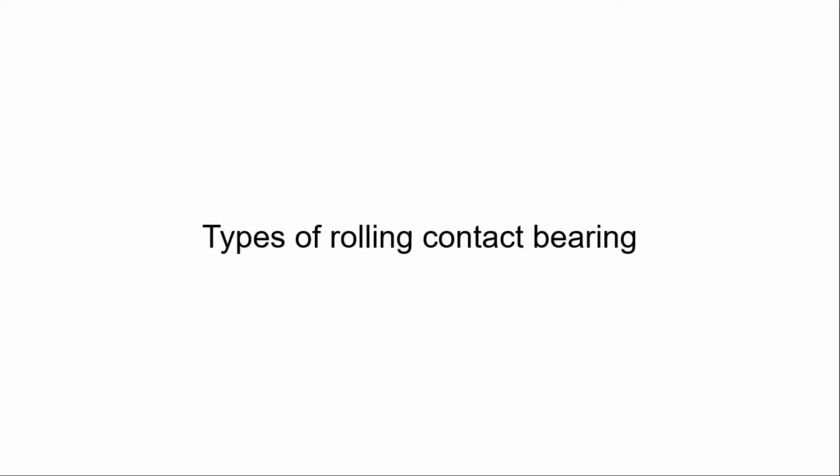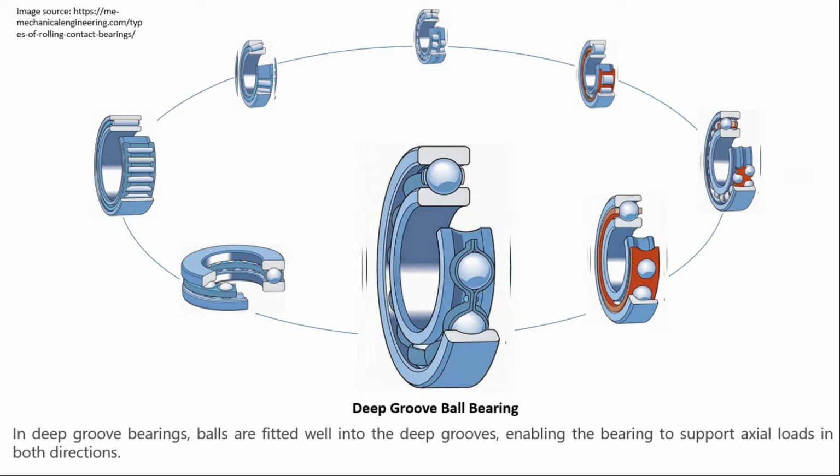Now let us discuss different types of rolling contact bearing. The first one is the deep groove ball bearing. This is the simplest and most widely used bearing. Simple spherical balls are inserted between the races, and to hold them in position, this cage or separator is provided.